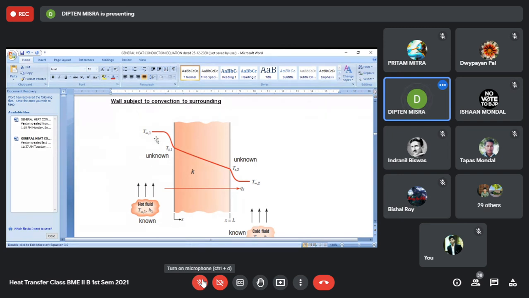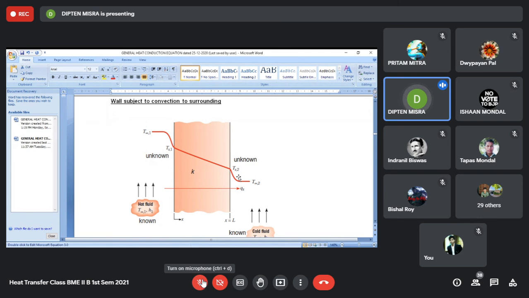Now, if there is a temperature difference of T infinity 1 to Ts1, what is the heat flow by convection? That heat flow by convection will be equal to H1 into area, the surface area through which the heat is entering, A, into T infinity 1 minus Ts1.